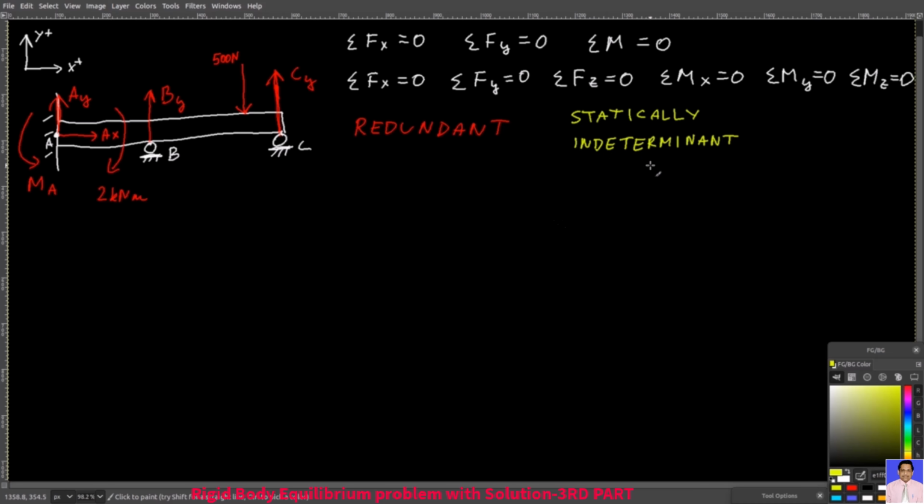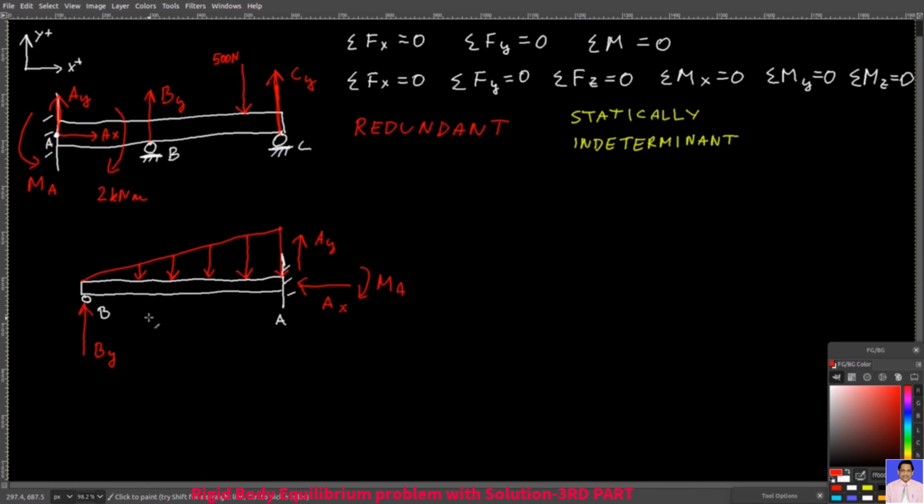indeterminate problem. A system like this can be solved if you remove the rigid body assumption and examine how the beam deforms. For example, in this case, you have 4 unknowns. You have AX, AY, MA, and BY. And the beam deforms something like that.